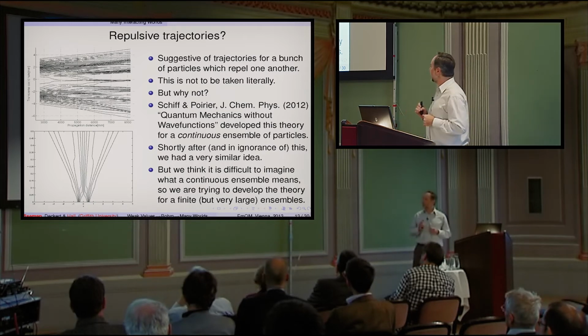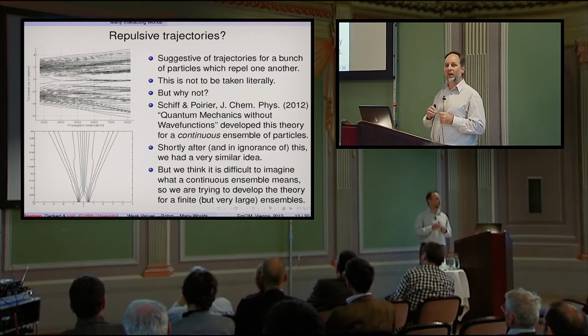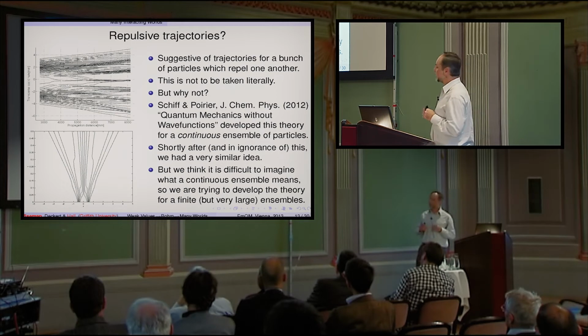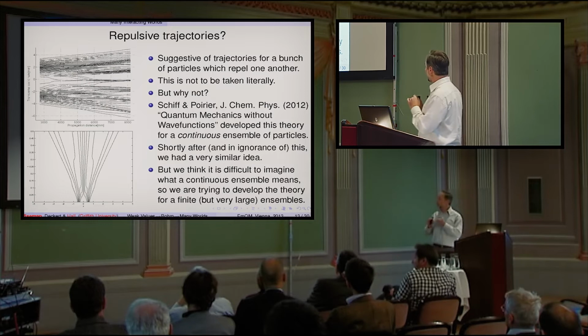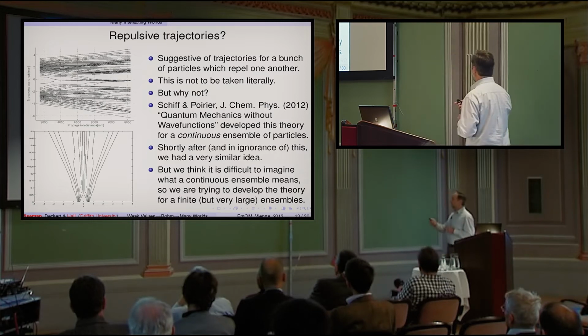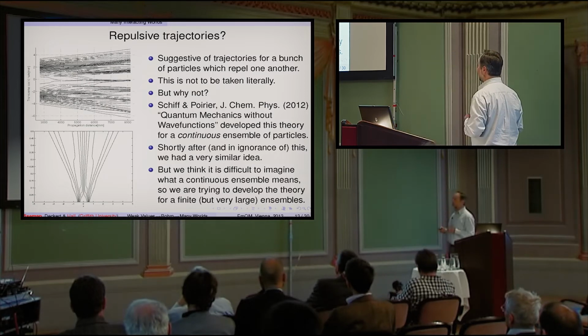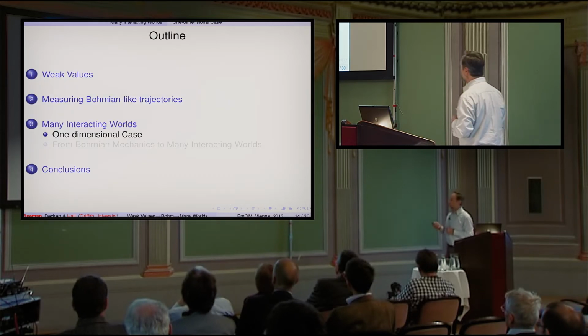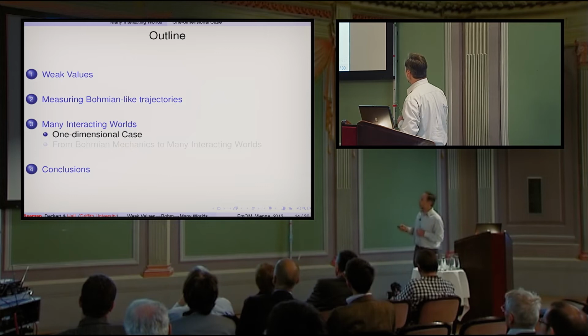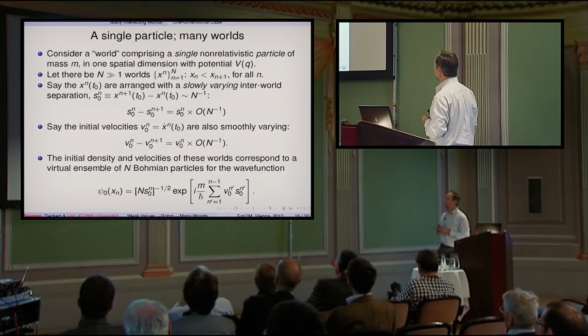And so what we're trying to do is to develop a theory for a finite but extremely large ensemble of worlds, describing, for example, in this case, even a single particle. So let me jump to the one-dimensional case just to show what I'm thinking about.